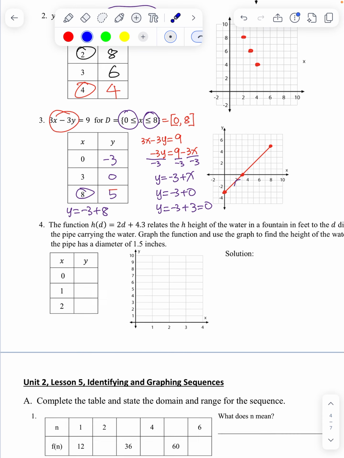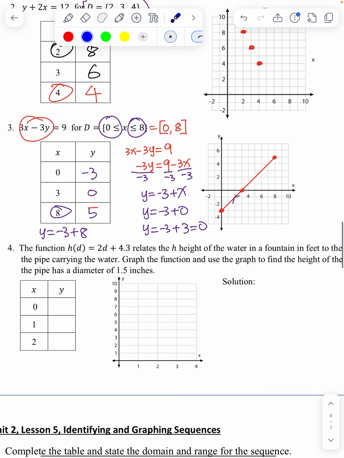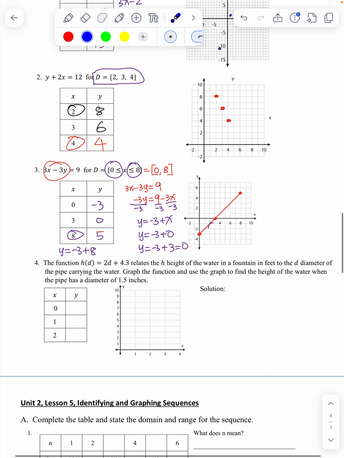Okay, number 4. The function h of d equal to 2d plus 4.3 relates the height of the water in the fountain in feet to the diameter d of the pipe carrying the water.